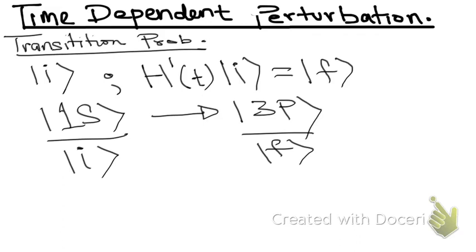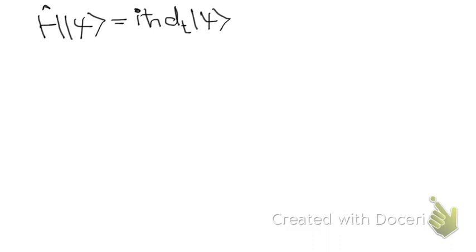So to solve this, first we shall look at our Schrödinger equation for the time evolution of a quantum system. So we have a quantum system and it evolves with time, right? The Schrödinger equation for such a system is the Hamiltonian H acting on the state psi equal to i h bar times the time derivative of the state psi.